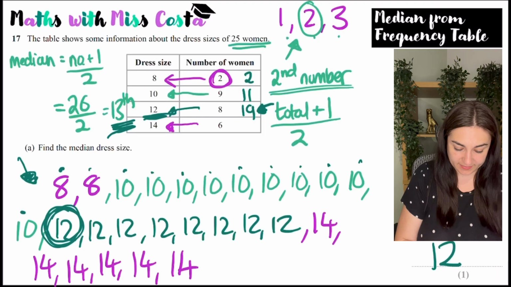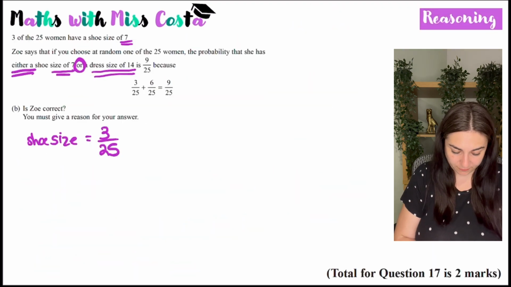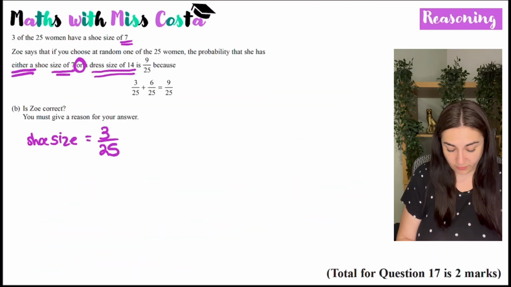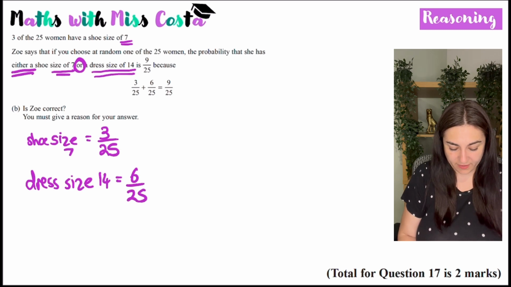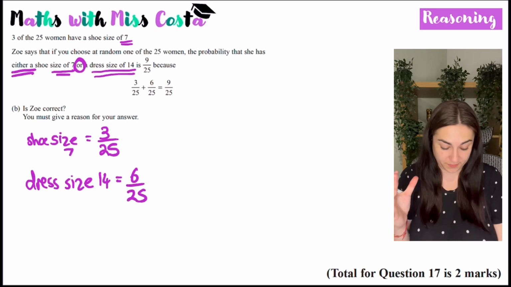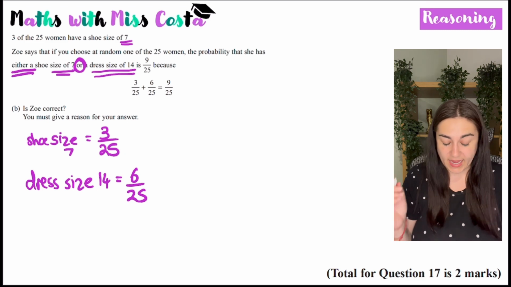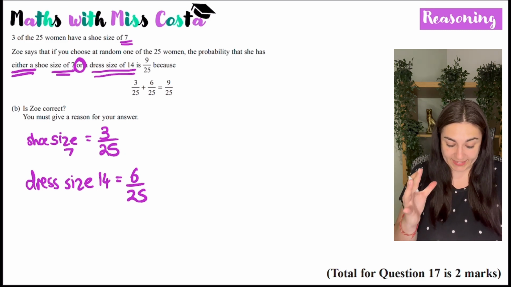So let's look at the dress size of 14. There's 6 over 25, so she's correct. So the probability of getting a shoe size of 7 is 3 over 25, and a dress size of 14 is 6 over 25.